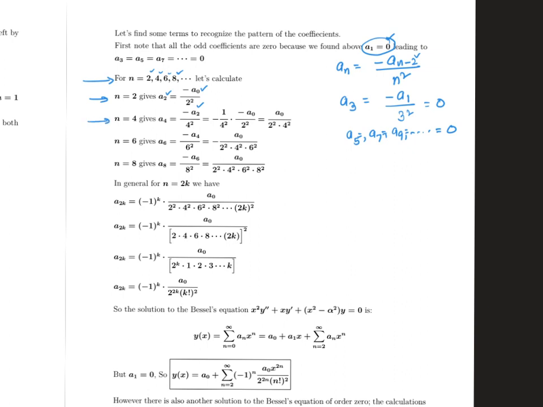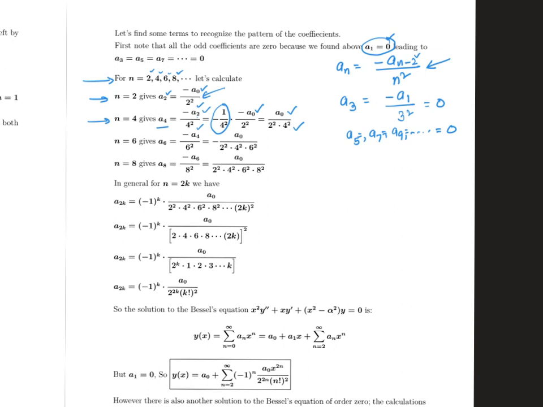Now for n is equal to 4, I'm using this recursion formula: a sub 4 is equal to negative a sub 2 over 4 square, which is the same as negative 1 over 4 square times a sub 2, which we just found right here. a sub 2 is negative a sub 0 over 2 square. So that's going to give me a sub 0 over 2 square times 4 square.